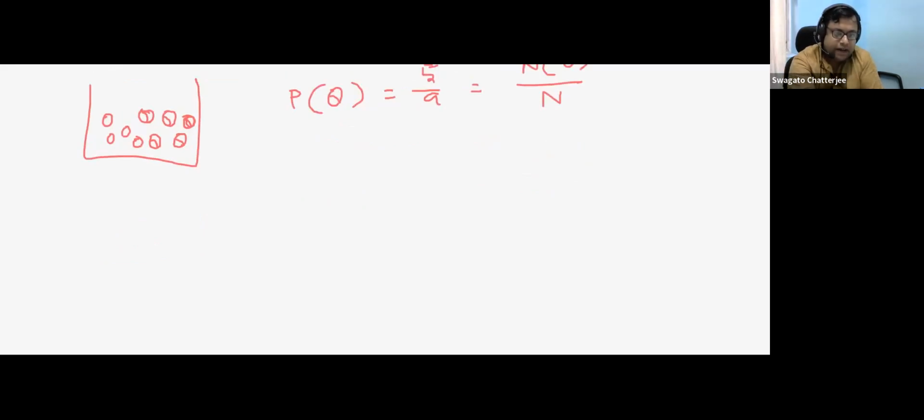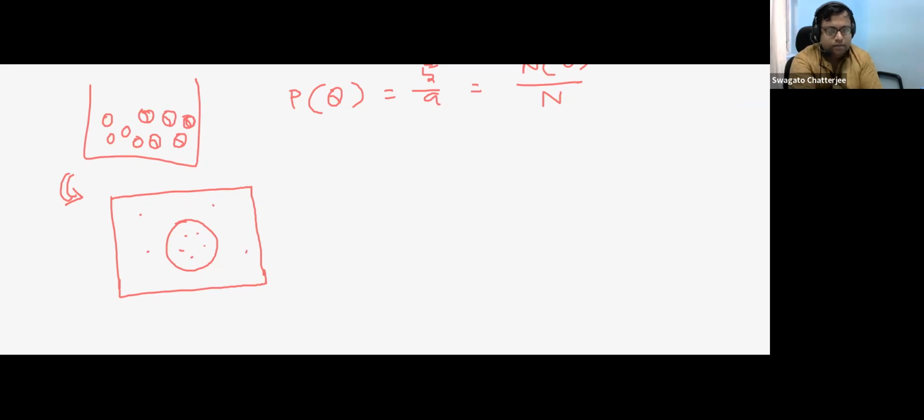Now let's talk about something called a Venn diagram. We sometimes also express this using a Venn diagram. Let's say these are all the striped balls and there are 5 such observations, and anything outside that is a non-striped ball and there are 4 such observations, and the whole box is basically 1.